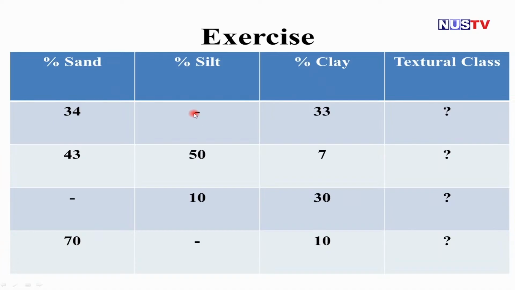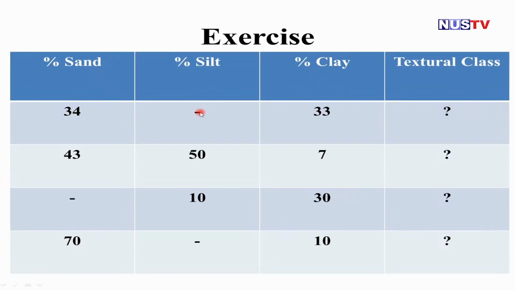So by filling the missing gaps, the silt, and the texture class for the first part. So for the sand, 34, silt is missing, clay is 33, and the texture class is missing. So how to find the silt is at 34 sand and clay 33 minus 100. That 100 is 100%.